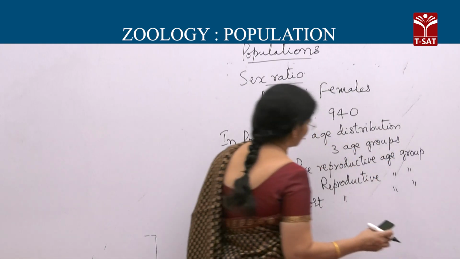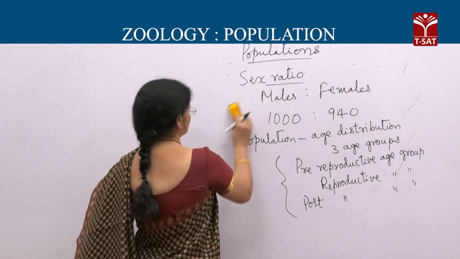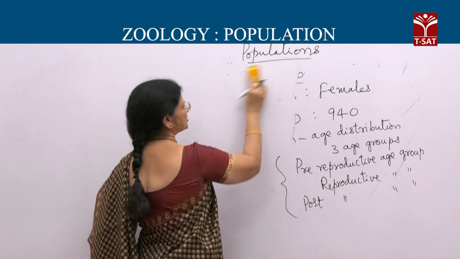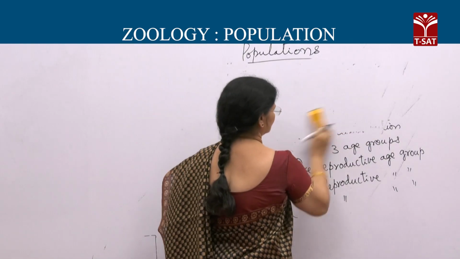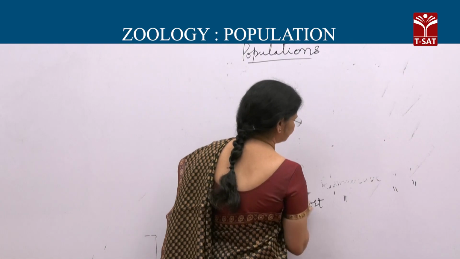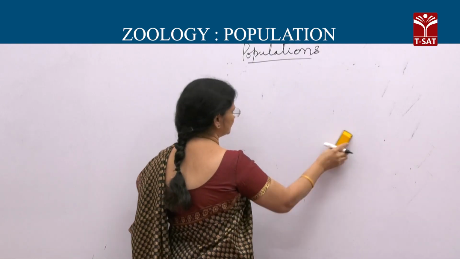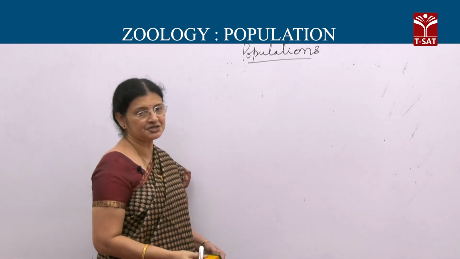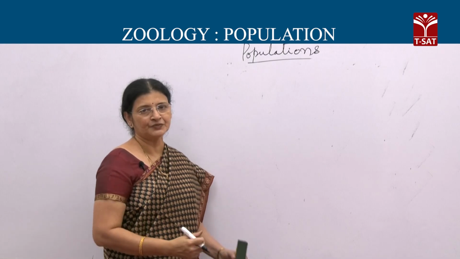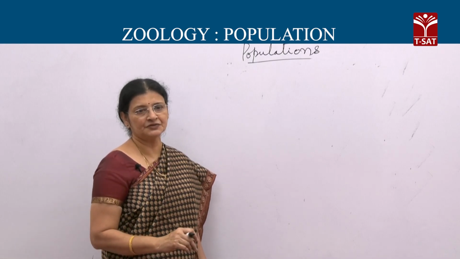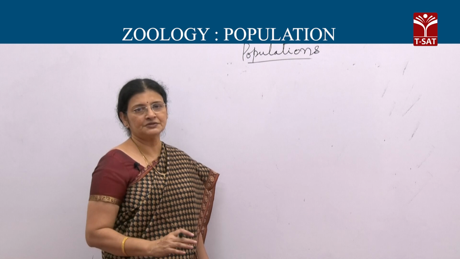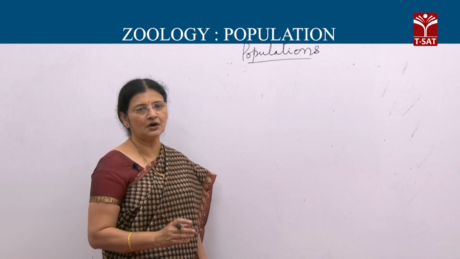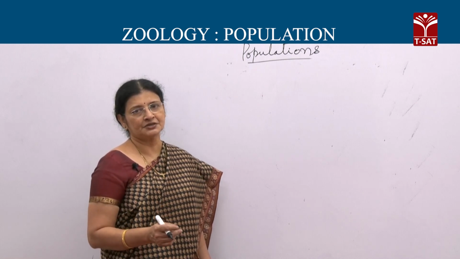Now, when we are describing a population, we say whether it is a growing or increasing population, a stable population if there is no marked increase, or a declining population.